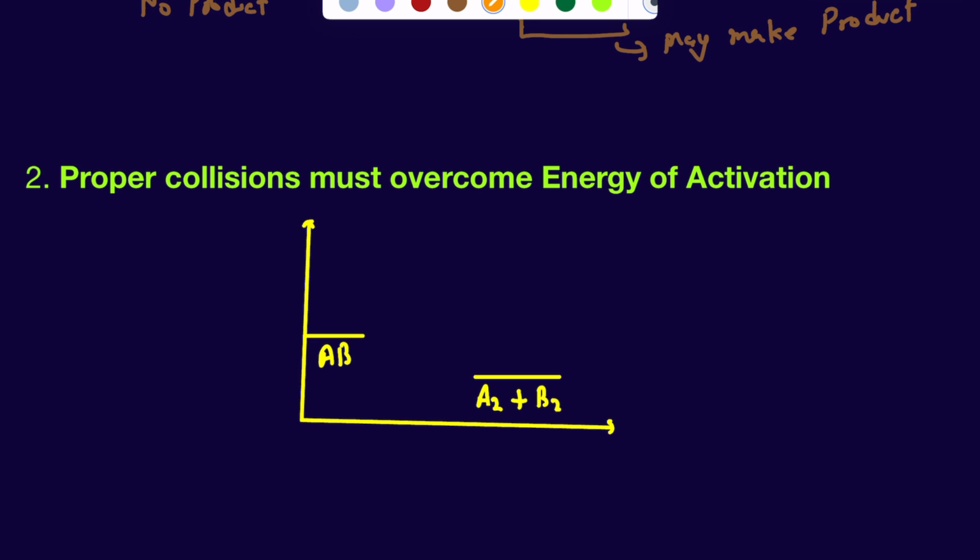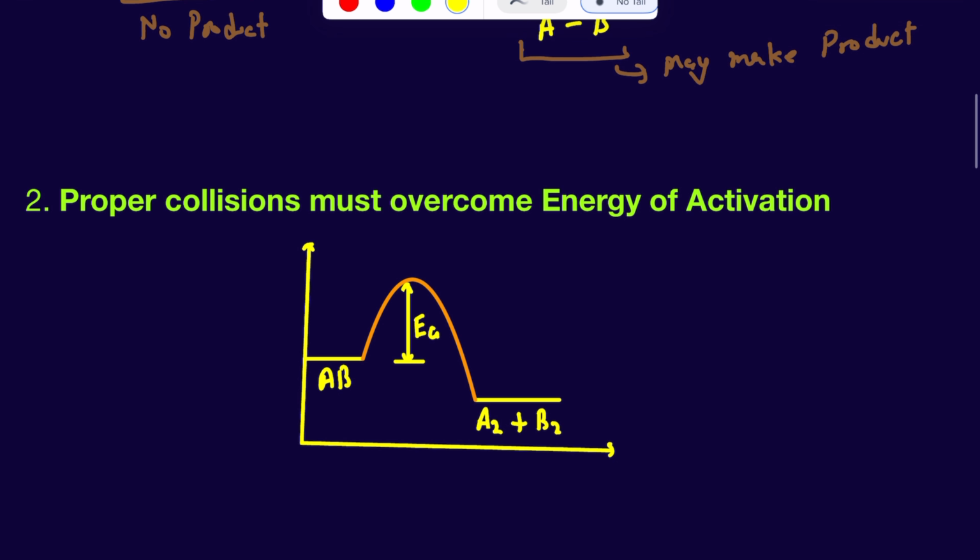In the reaction profile, it has to break an AB bond, so it requires some energy in the beginning, so it's going to go a little bit uphill before it comes back down. You can see here that my activation energy for this particular case is going to be this much here.